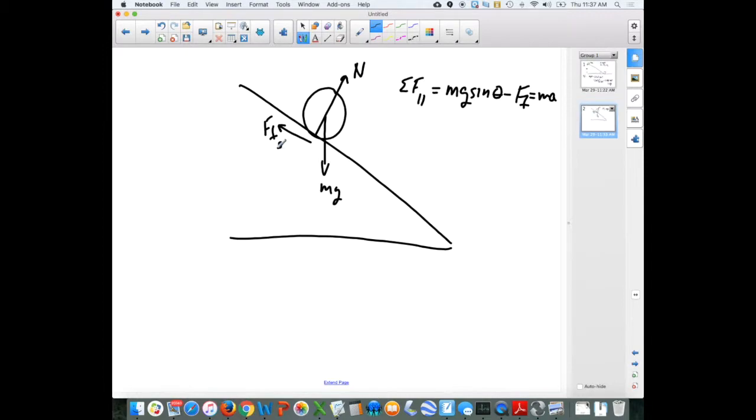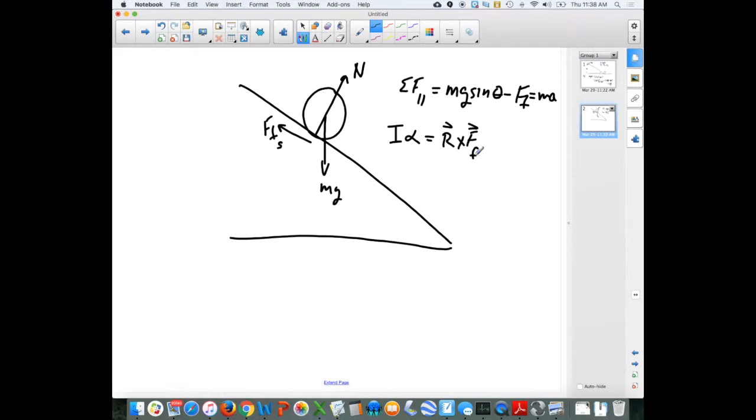So this mass has translational acceleration, but it also has angular acceleration. So I can certainly write I alpha is r cross F, and the F in this equation is going to be the force of friction.